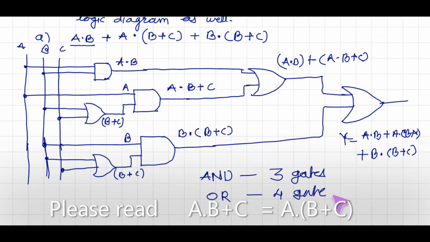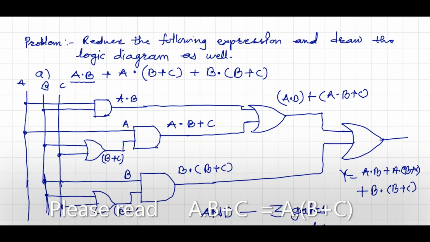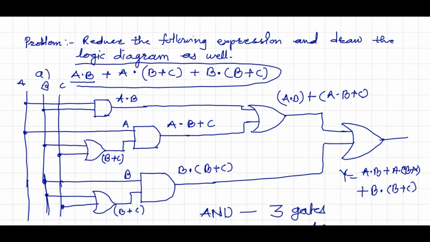So in total we need 7 gates to construct this circuit using this expression. Now we are going to apply Boolean algebra rules for simplifying this expression, so that the expression can be simplified, which can help to reduce the circuit. Let us see how it can be done.